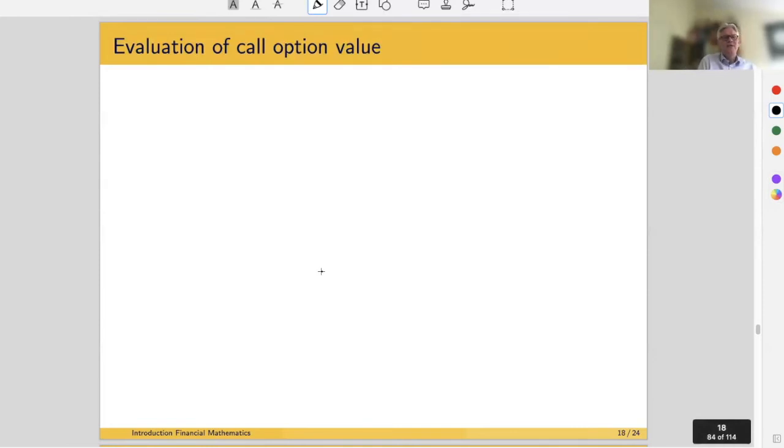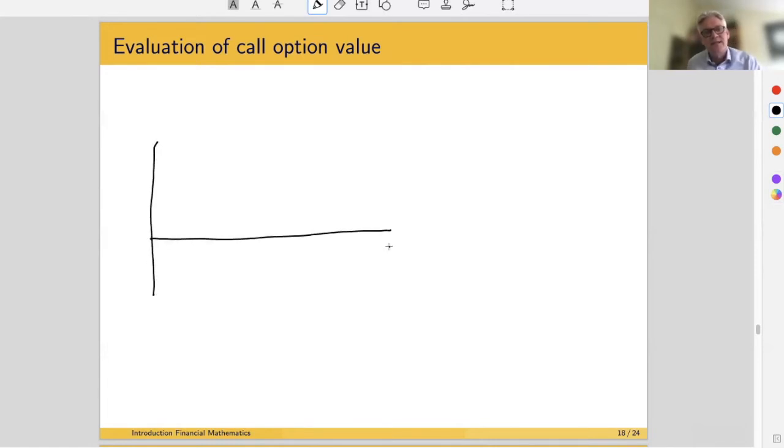Now, what we'd like to do is evaluate a call option value. And in this part, I would like to repeat what I've done in my first lecture. Again, remember my time axis, t, running here, my stock axis, S, running here. Here is S0 somewhere. We have our K here.